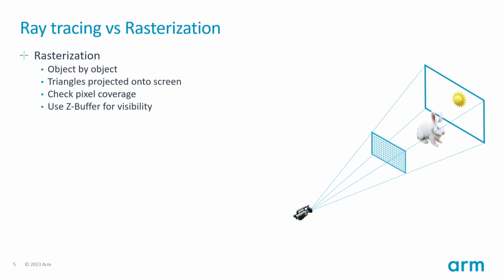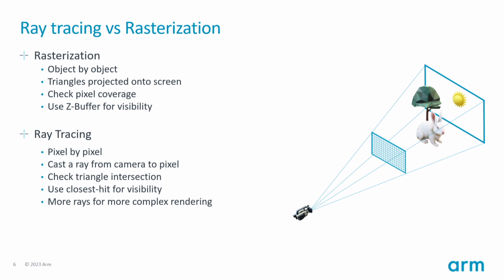You can see that it's a rabbit, and we render the rabbit first, then we render the tree, something like that. Okay, in contrast, ray tracing is a completely different approach that simulates how light travels in the real world.